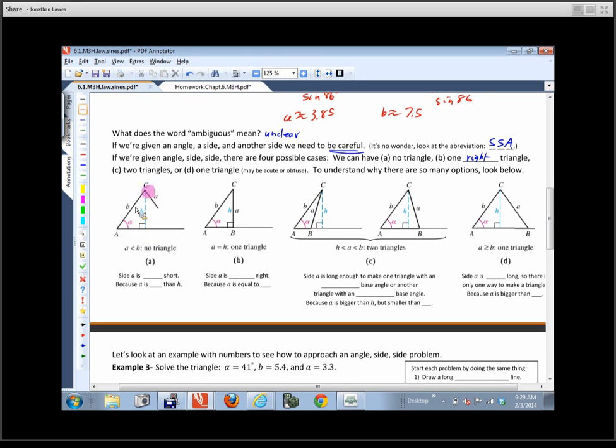So think of this as a board, and I've got a hinge right there that allows this to swing back and forth. Okay? No matter how much I swing that back and forth, is this side long enough to come down here and hit this other side and make a triangle? It's not. Side A is too short.